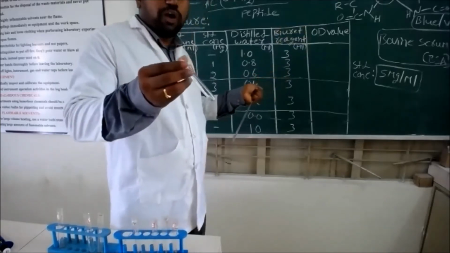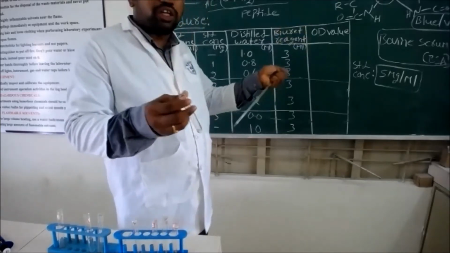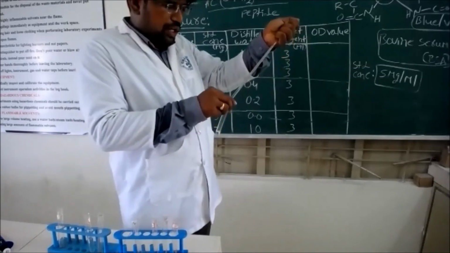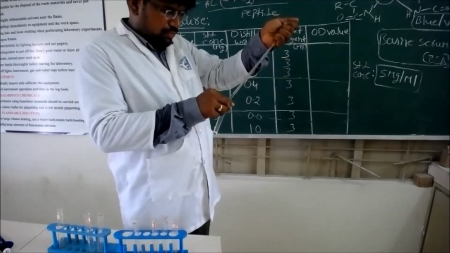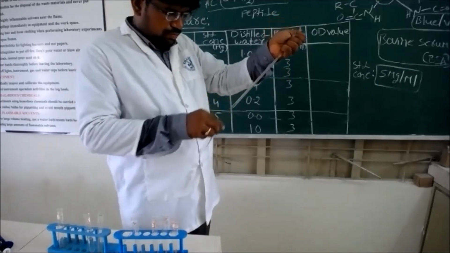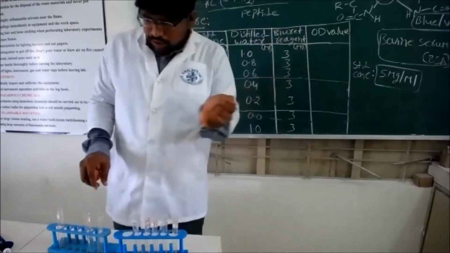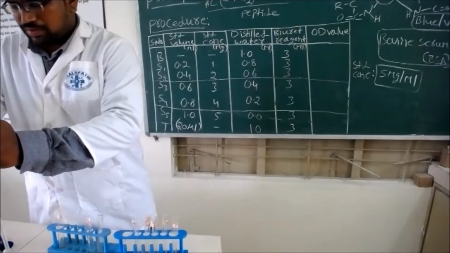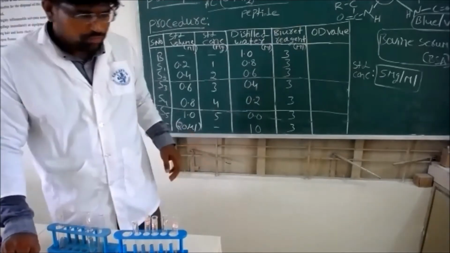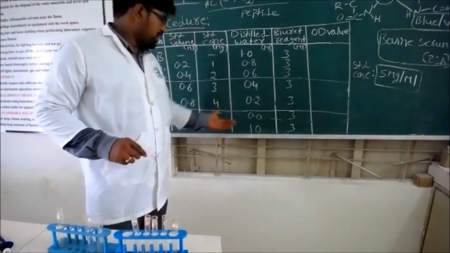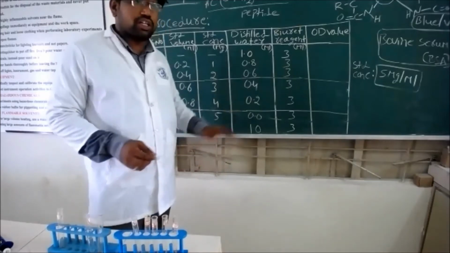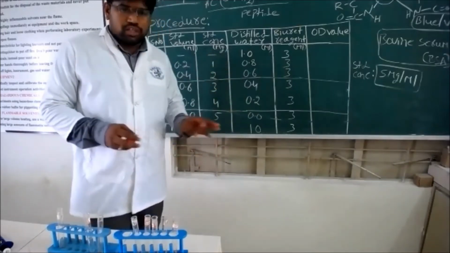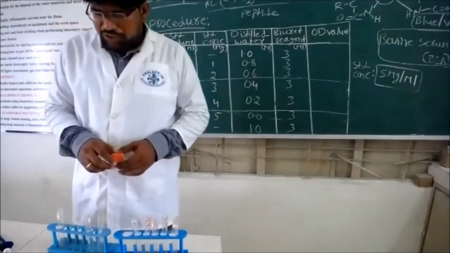S4, already we took 0.8 ml of the protein standard, so add 0.2 ml of the distilled water. For the S5, already we added 1 ml, so no need to add the distilled water. In that way, prepare the standard and distilled water mixtures.